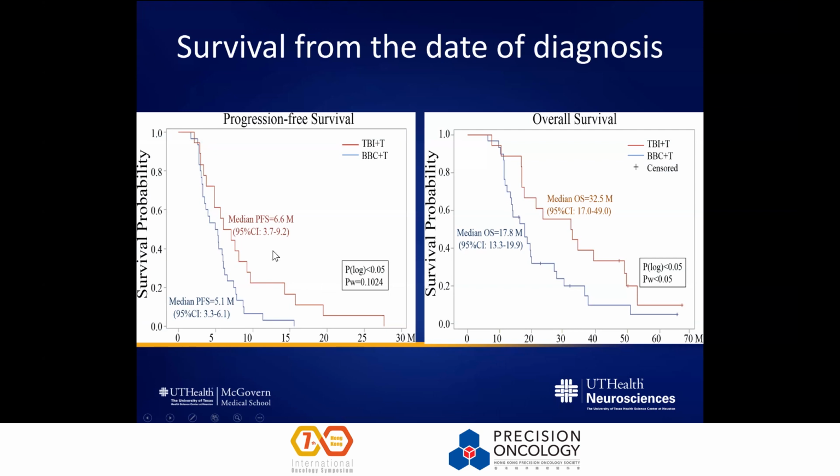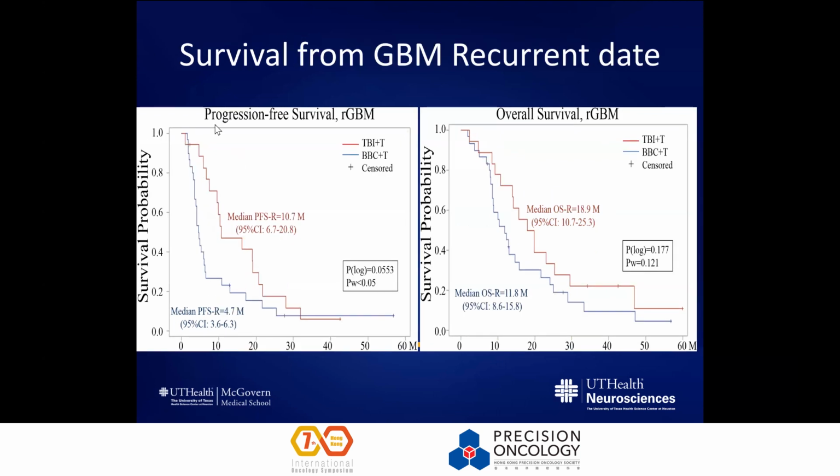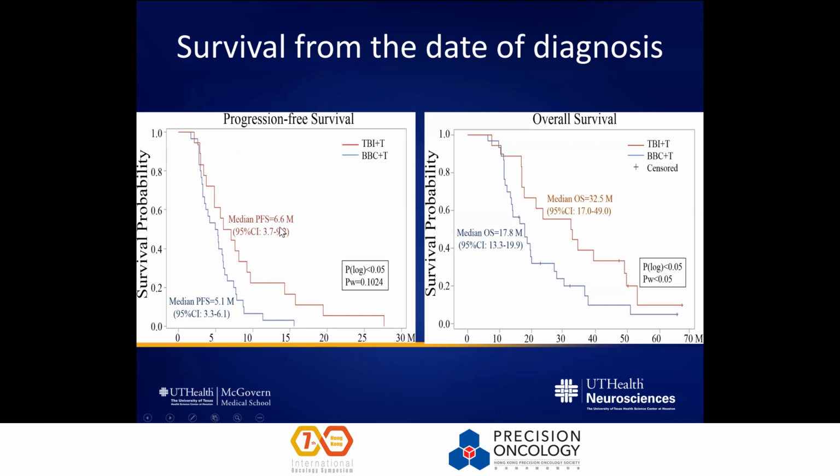And the progression-free survival for recurrent, this is from the recurrence, is 6.6 months for the triple chemotherapy with TTF. This is the progression-free survival from the recurrence, 6.6 months.